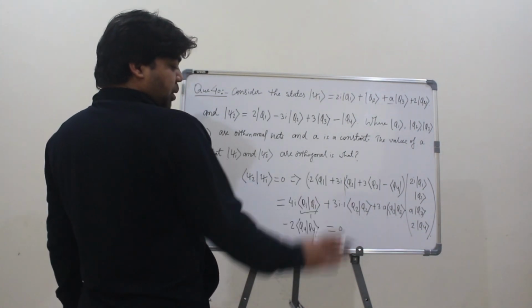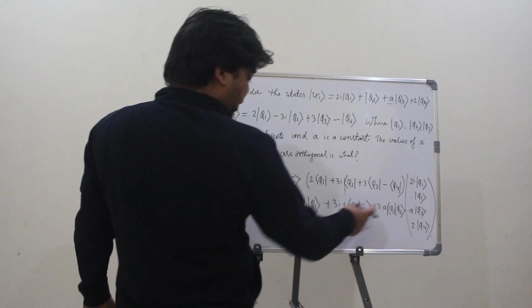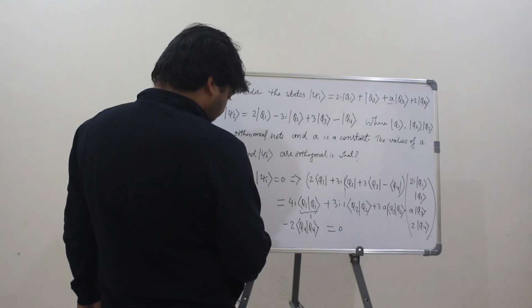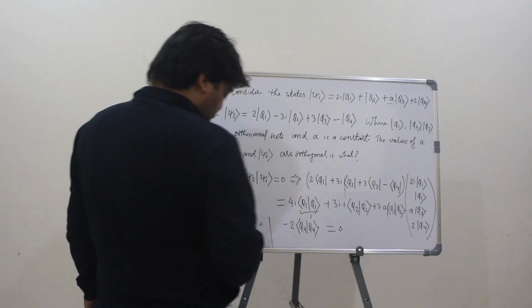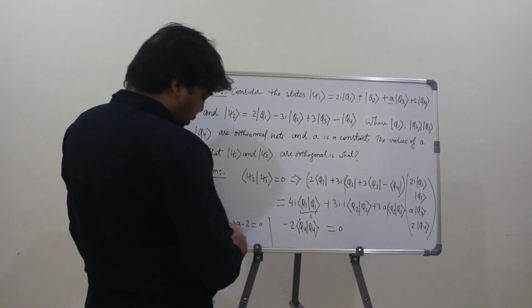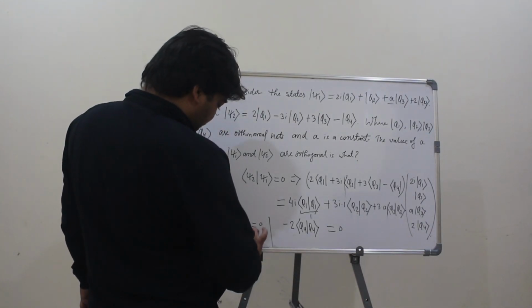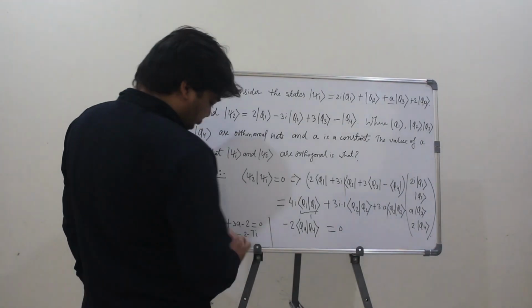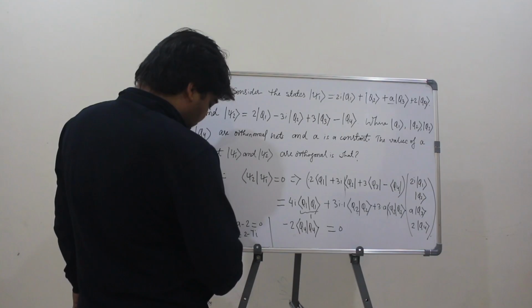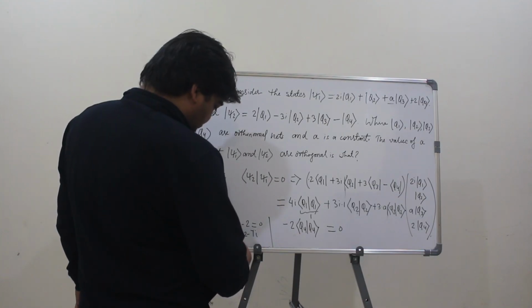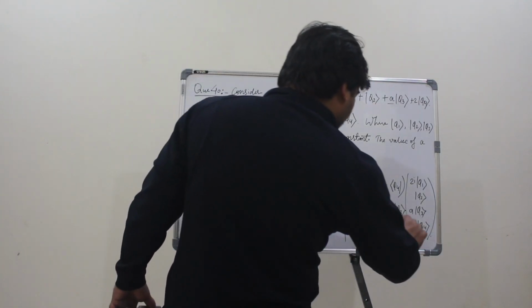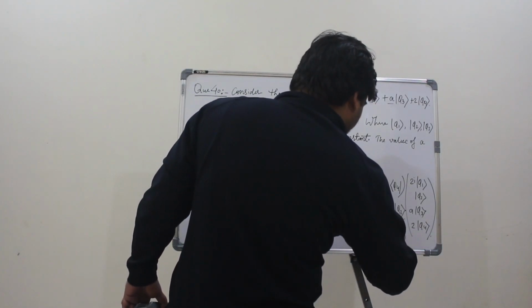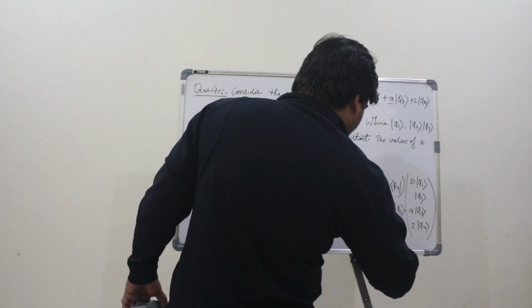It will give you 4i plus 3i, which is 7i, and 3A minus 2 is 0. So 3A is 2 minus 7i, implying A is nothing but 2 minus 7i divided by 3. So let me write the answer: A is minus 7i plus 2 divided by 3.